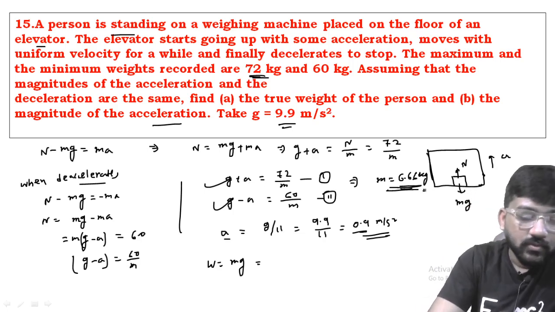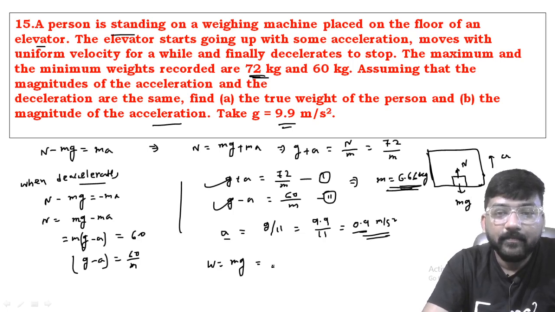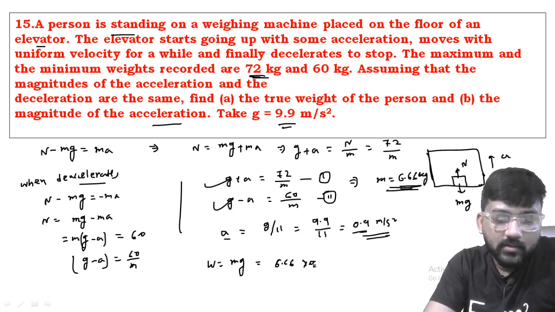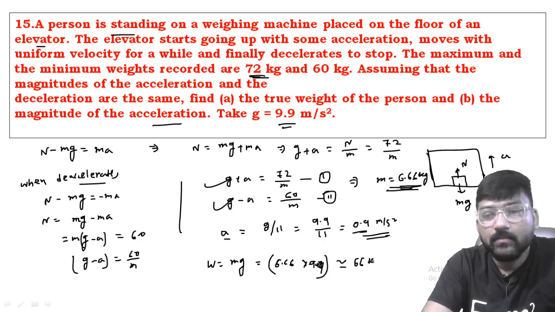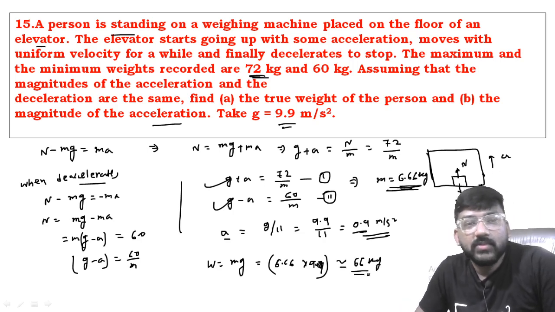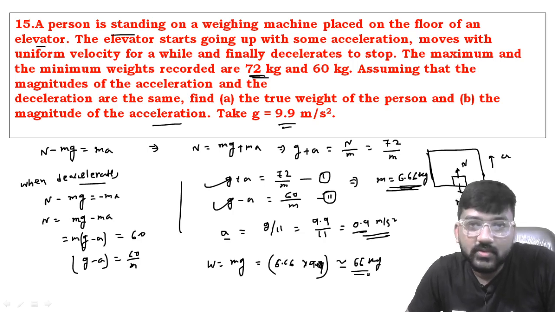Okay, so what will be your weight? Weight will be mg, m is 6.66, and you can take g as 9.9, almost equal to 10. So that will be almost equal to 66 kilogram. So this is how you can solve these kinds of problems. In the next class we will discuss some more problems. For today, thank you.